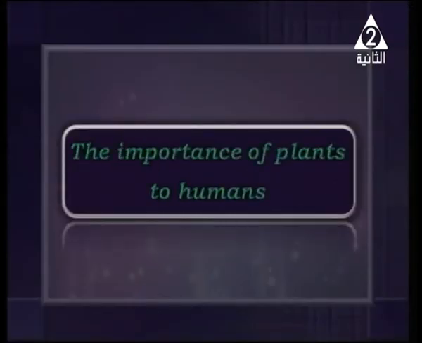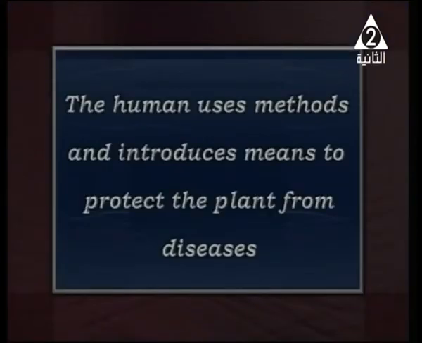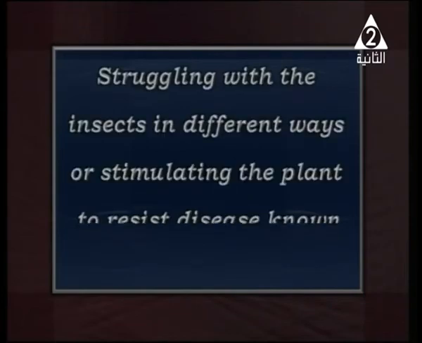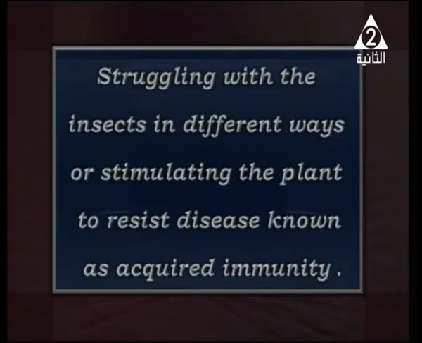Before starting to study the two different ways, why do we need to study the immunity of the plant? Because plants are very important to us in our daily life. Humans use different methods and means to protect the plant from diseases, such as using herbicides to protect the plant from harmful weeds, and also struggling with the insects in different ways.